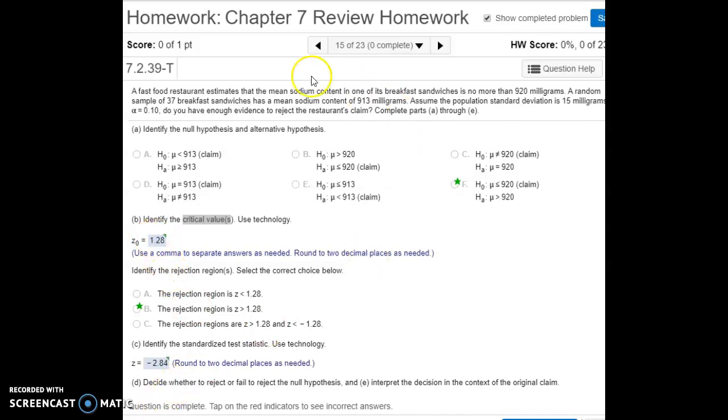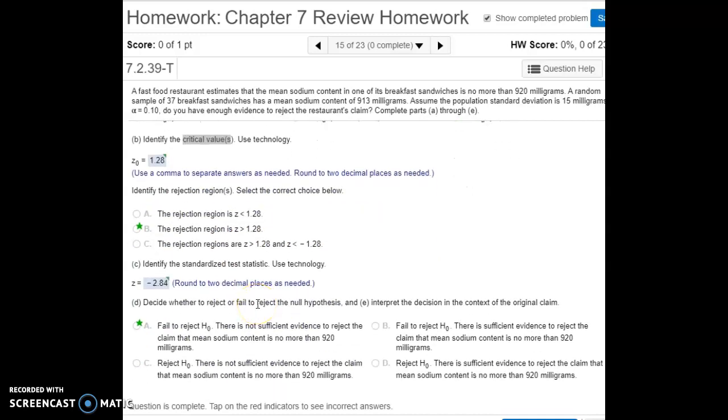In this particular example, the test statistic is not greater than our critical value. In fact, it's a negative number, so it is quite a bit below our critical value. And so we fail to reject our null hypothesis.